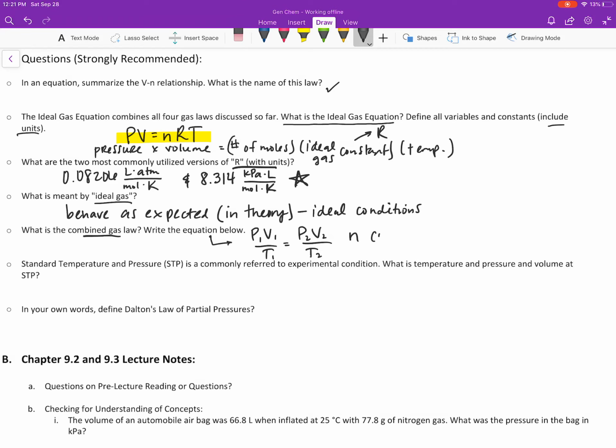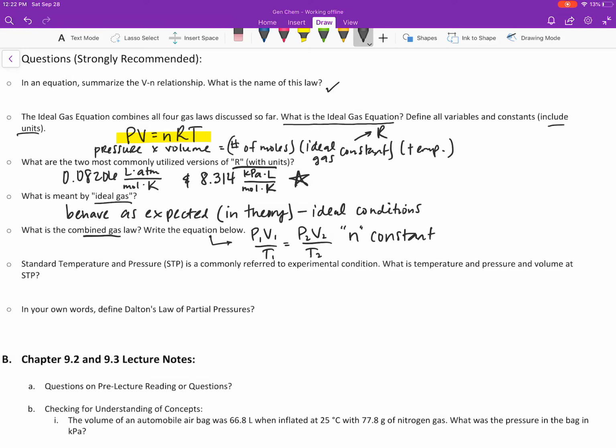The only thing is that this is where n is constant. So instead of having two constants and two variables like we did before, we have three variables and one constant. This is kind of an in-between of the ideal gas law, because if we rearrange the ideal gas law, if n is constant and R is constant, then this side theoretically could be canceled out, and that's how we get one set of conditions that we can compare to another set of conditions.